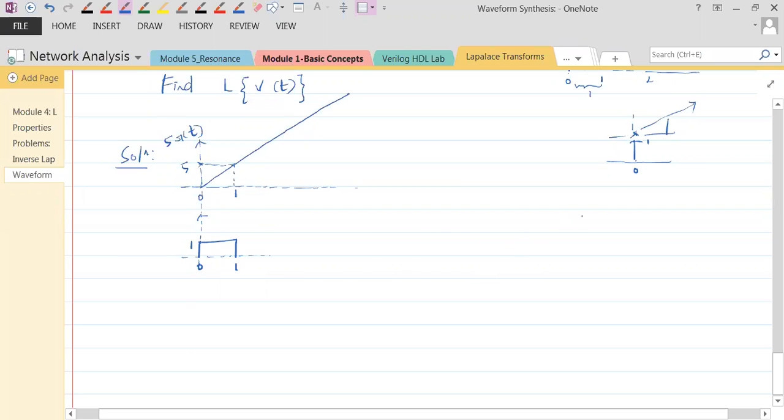One is a u of t which is starting at 0, and I need another u of t which is starting at 1. So this is u of t, this is u of t minus 1. If I perform u of t minus u of t minus 1, I'll be able to get this.